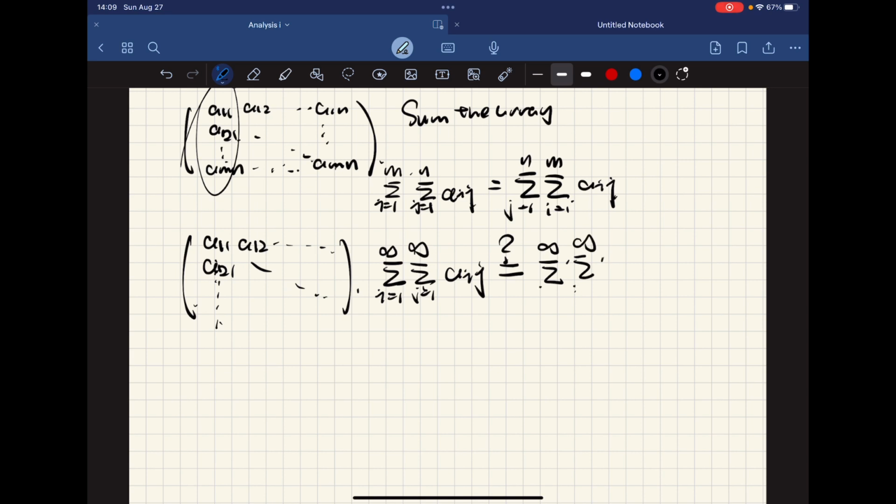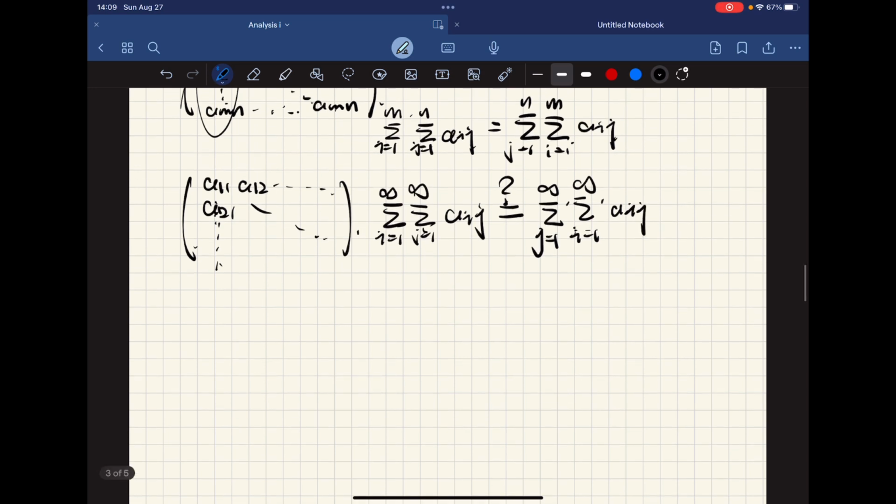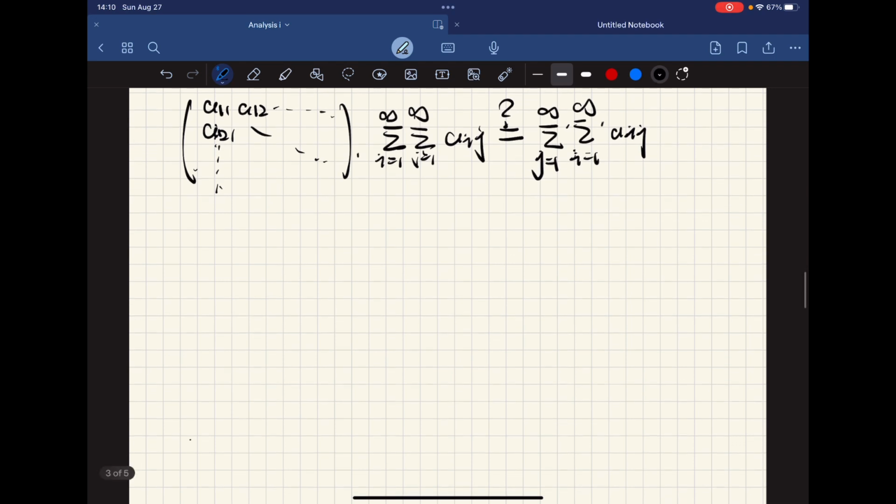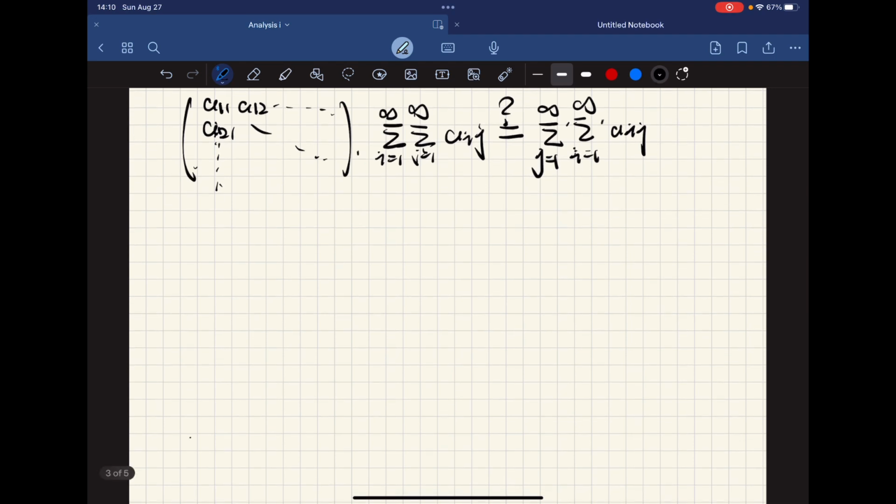Is switching the order of summation still relevant, still true? Well, if you answered yes, then you're absolutely wrong, because a counterexample can be easily constructed.